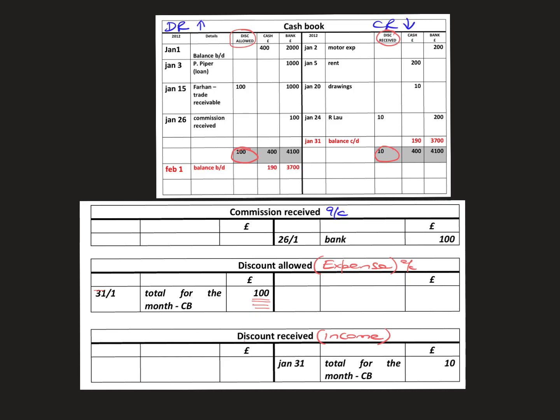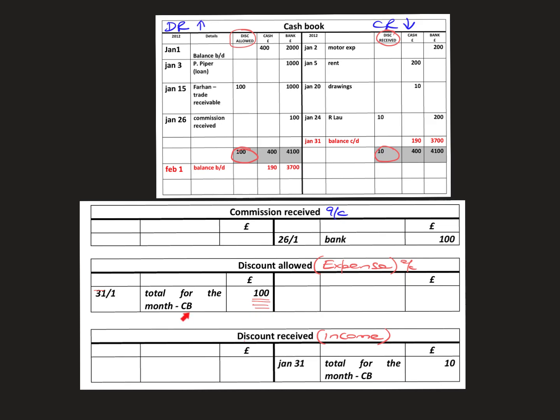On the debit side, you'll actually see the date, which is the end of the month, because it is a tally. So we're not recording individual transactions. And again, this would go to the general ledger. All of these I'm discussing are entries for the general ledger. So at the end of the month, you just put a total figure for all of the discounts that you have allowed to your customer, and that is found in the cash book.